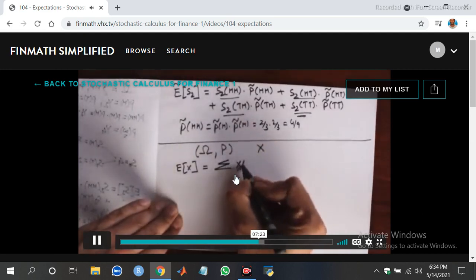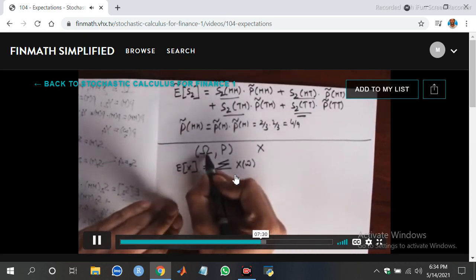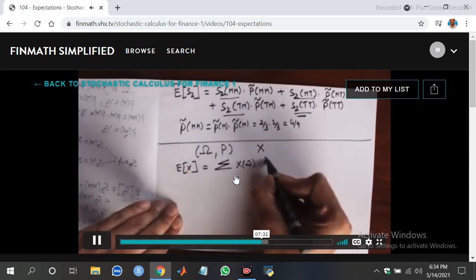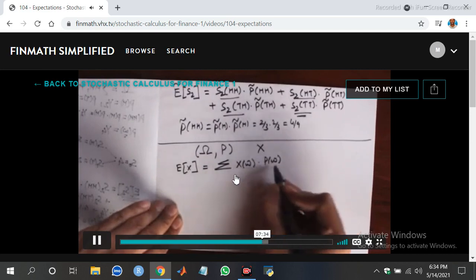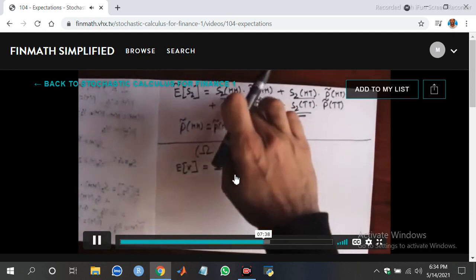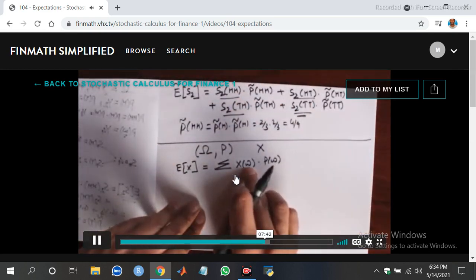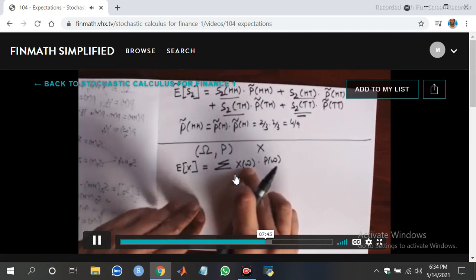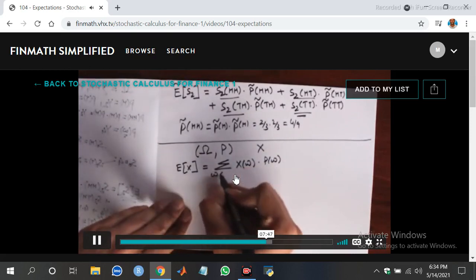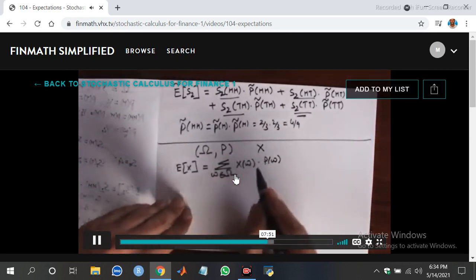We're going to take the value of the random variable under all the outcomes of this sample space, multiply it by the probability of that outcome, and sum it up. Okay, so it's exactly what we've been doing here. X(w) is the value of the random variable for outcome w. Okay, and we're going to sum it across the entire sample space here, right?